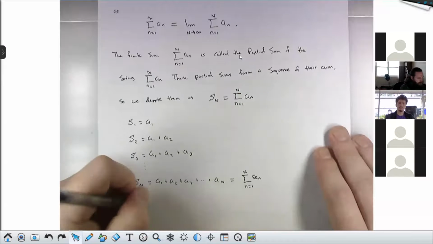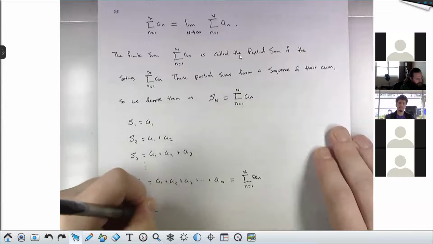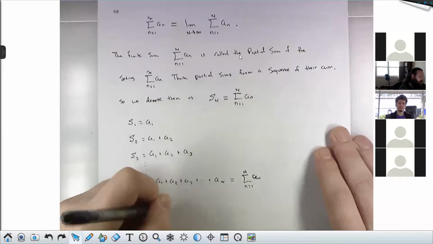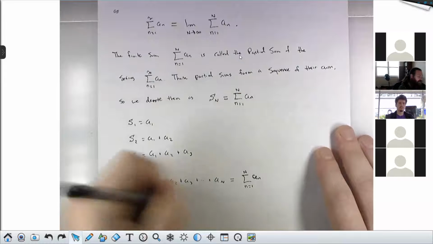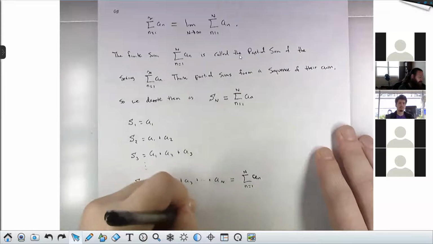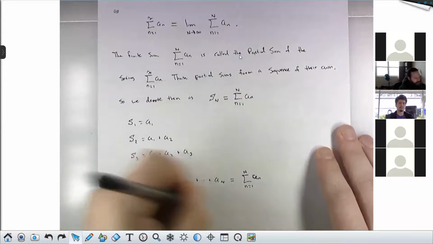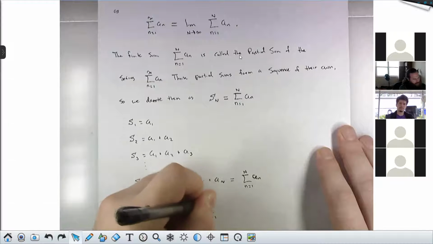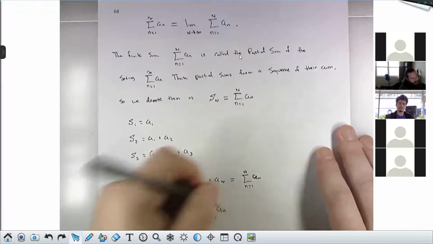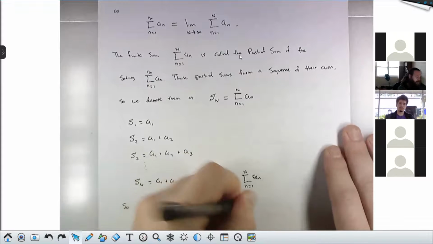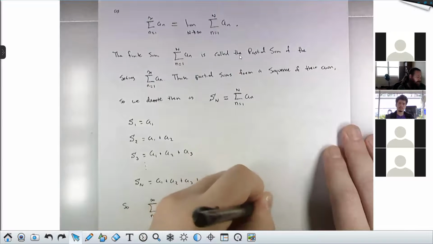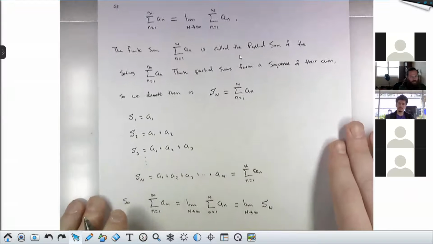So the full infinite series, sigma n from 1 or wherever up to infinity of a_n, is the limit as capital N goes to infinity of sigma little n from 1 to capital N of a_n. And we can write that just as the limit as capital N goes to infinity of S sub capital N.